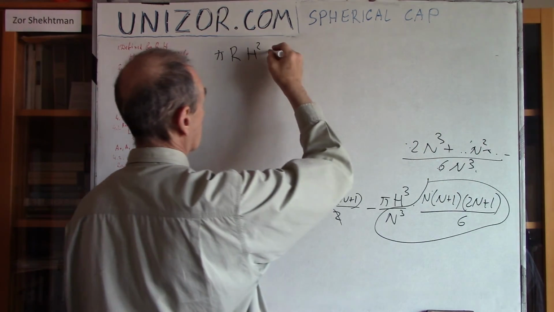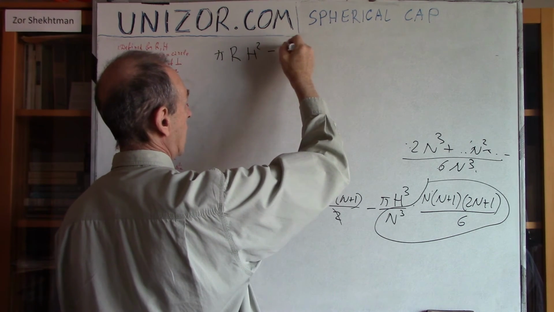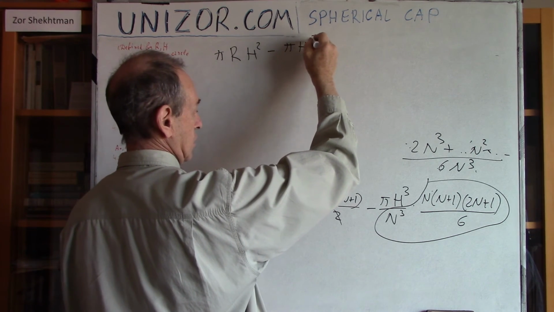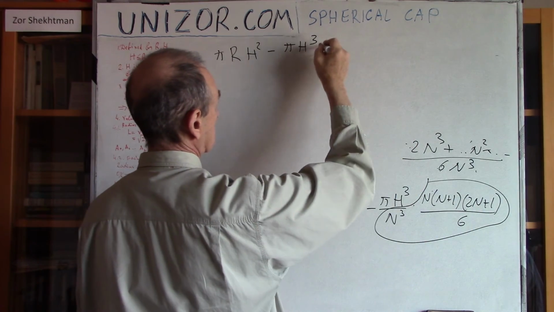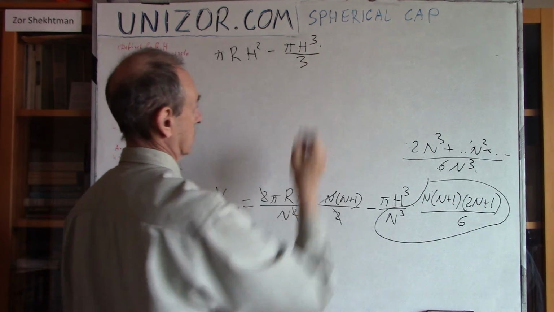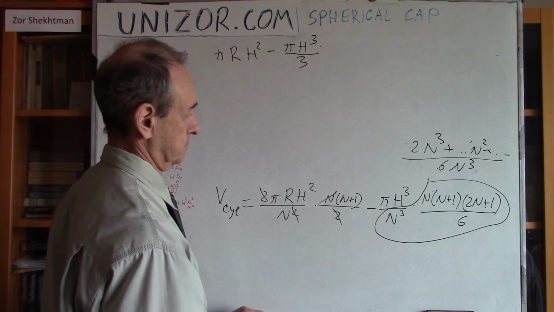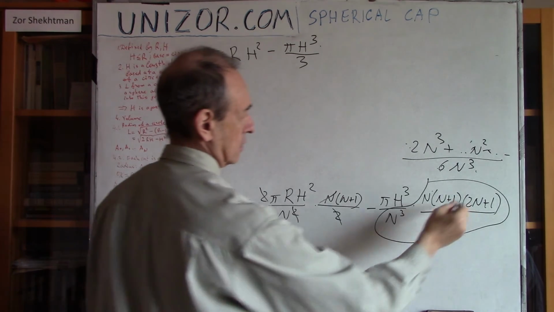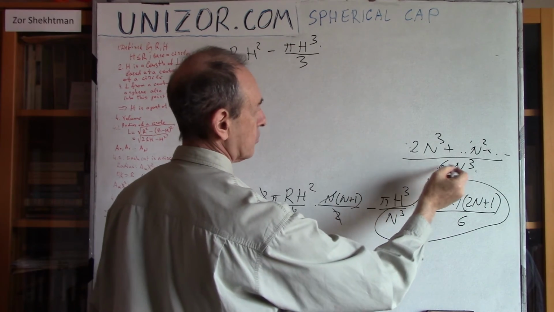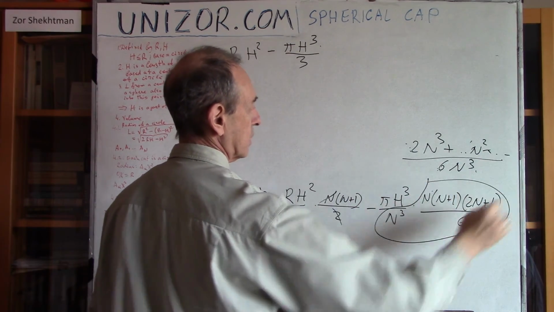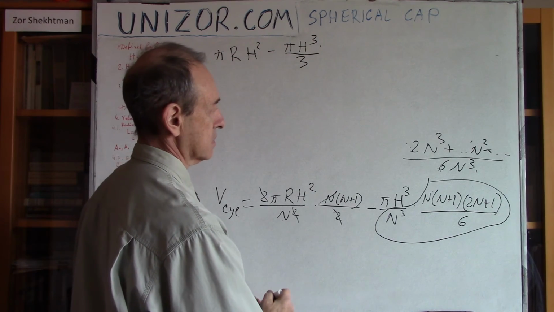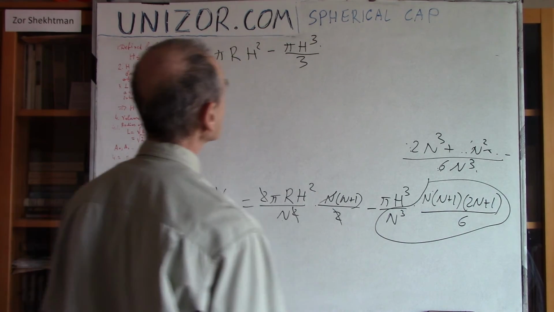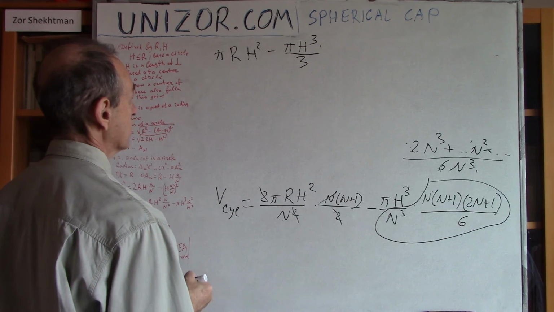So it would be minus pi h cube divided by 3, right? 2 over 6, that's the most important. Everything else would go to 0 as n goes to infinity. I think that's what it is.